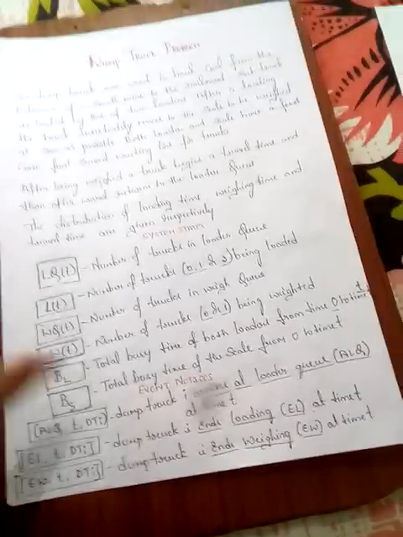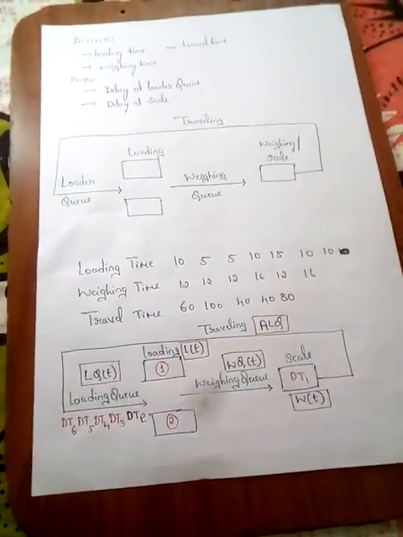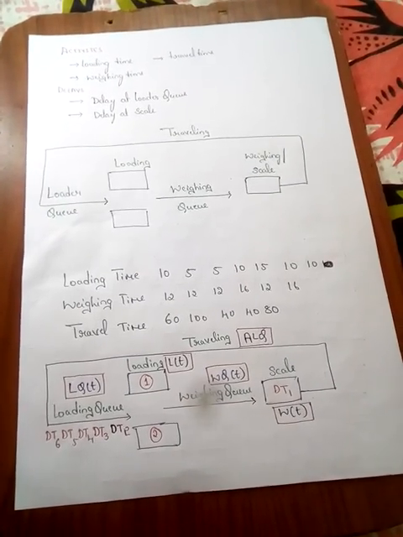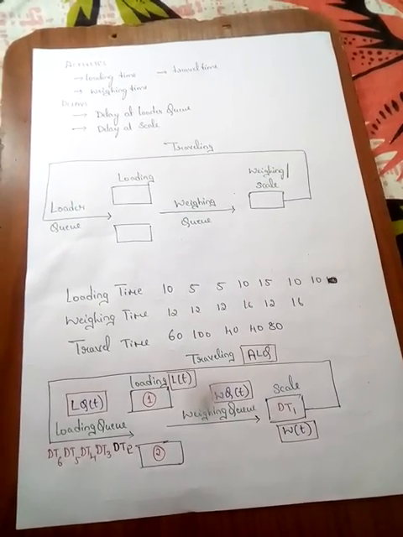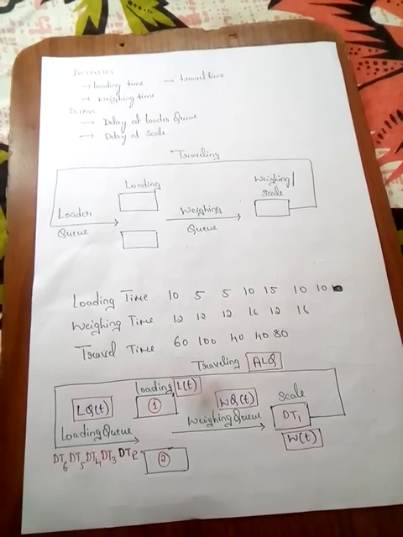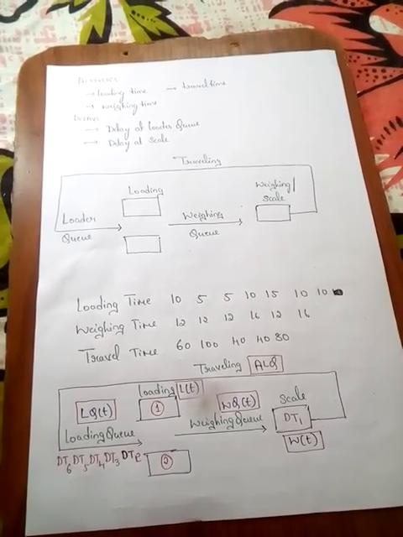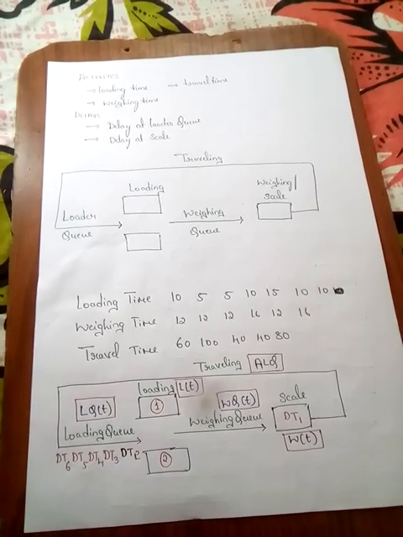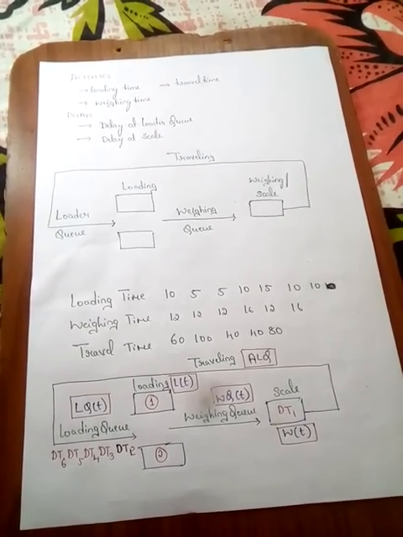Next we'll learn how my dump truck problem works. Here I have a small diagram for my dump truck problem. Here I have a loading queue, loading, weighing queue, weighing or scale, and traveling. This is a basic diagram to solve my dump truck problem.